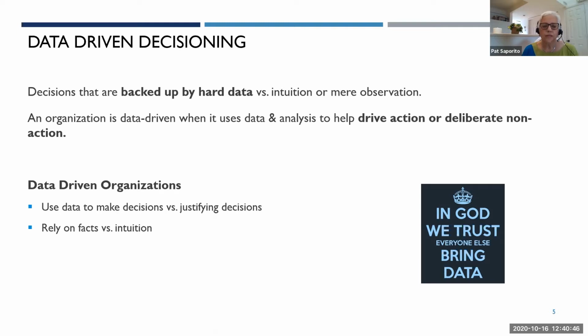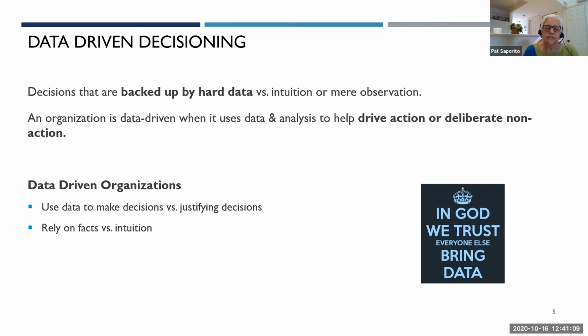So an organization puts it to practice when they use data and analytics to truly drive actions or deliberate inaction, right? So not taking an action is not necessarily a deliberate action. But if you study the data and you decide not to do something for a specific reason, that's as valid as taking a specific action.